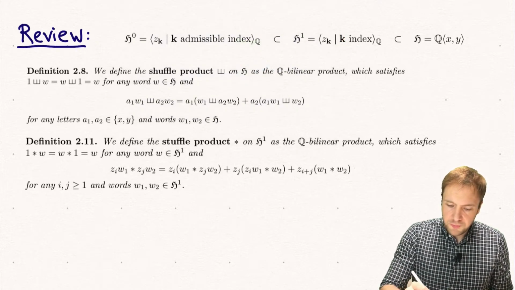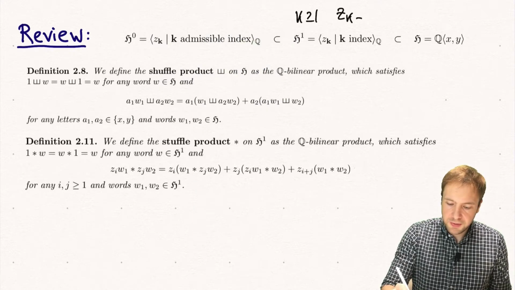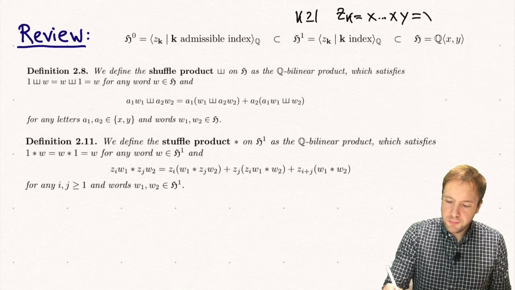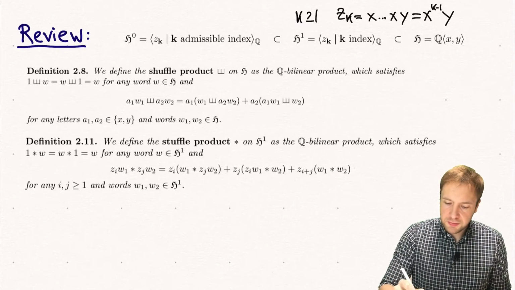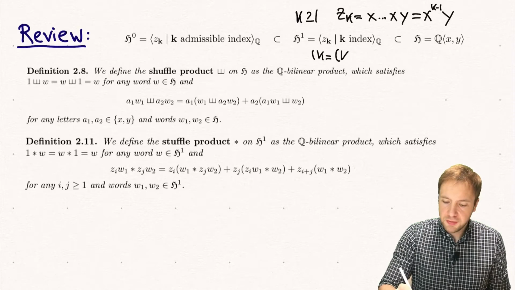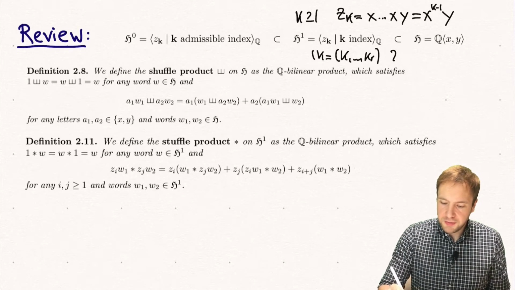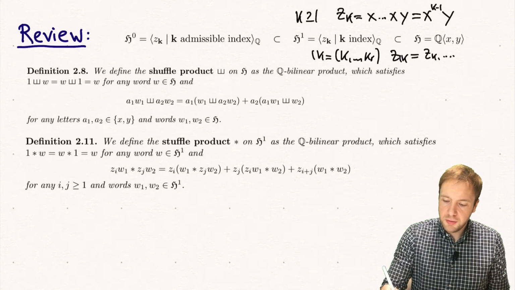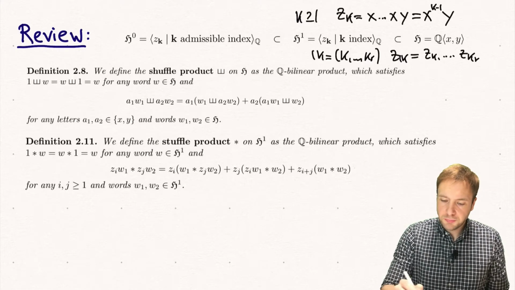So we defined for a k greater or equal to 1, we said that z_k is x^(k-1) times y. And then for an index k = (k1, ..., kr), this z_k of an index is just z_{k1} up to z_{kr}.